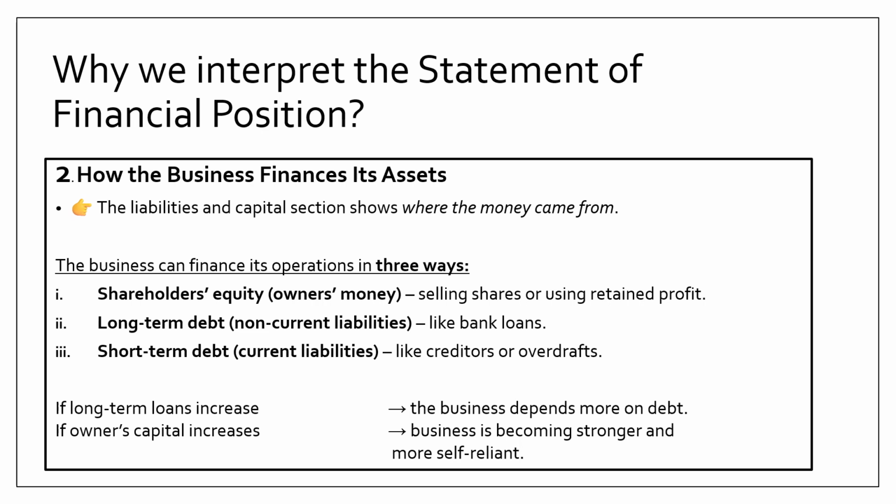Number two, long-term debt or non-current liabilities like bank loans. And number three, short-term debt like current liabilities by borrowing from creditors or getting bank overdrafts. If long-term loans increase, the business depends more on debt. If owner's capital increases, the business is becoming stronger and more self-reliant.